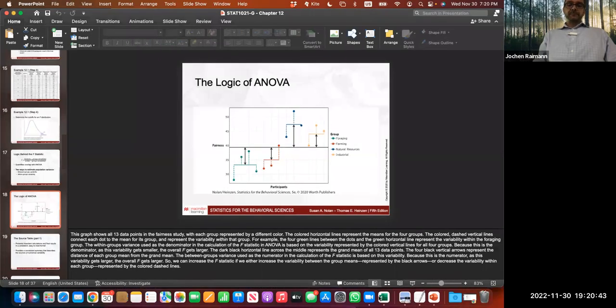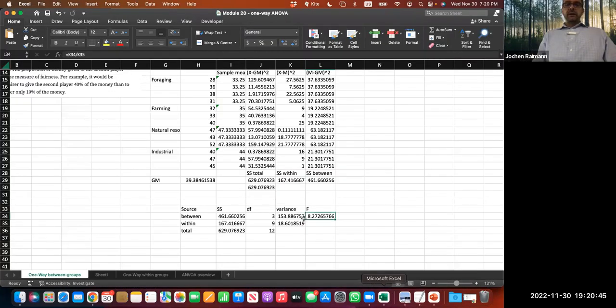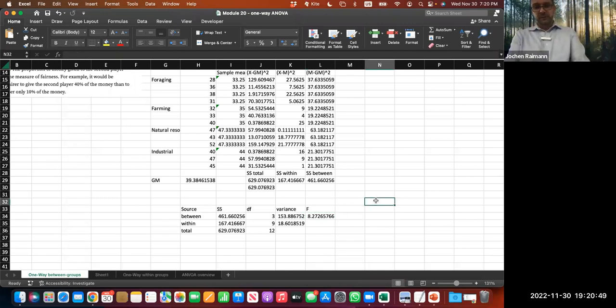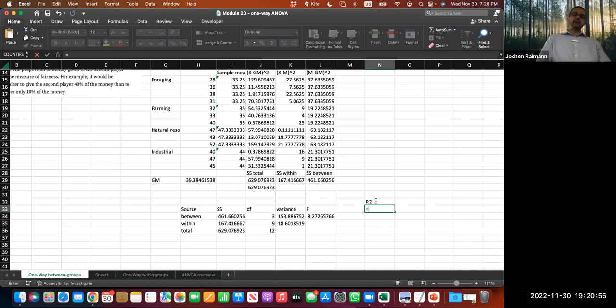R squared. So the R squared basically gives you an idea of how much these groups and the variability within those groups overlap, and how well the total variability is explained by just the variability between those means.